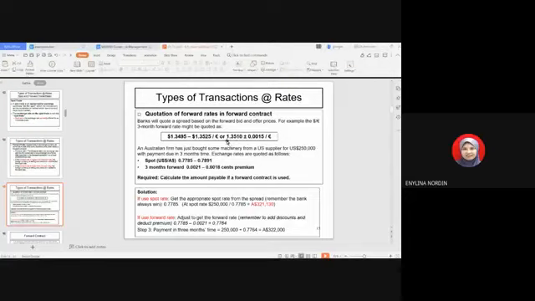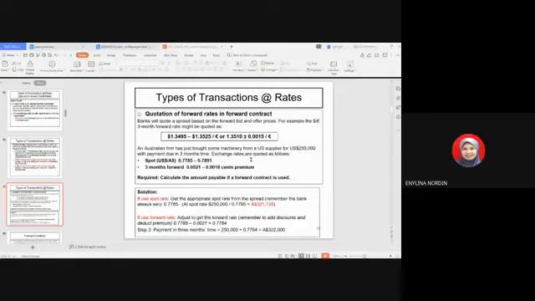Or it can be quoted as a mid price, where the spot rate is 1.3510 plus minus 0.0015, then you get this range. It's just the same thing, just a matter of the way the bank presents this exchange rate per foreign currency.